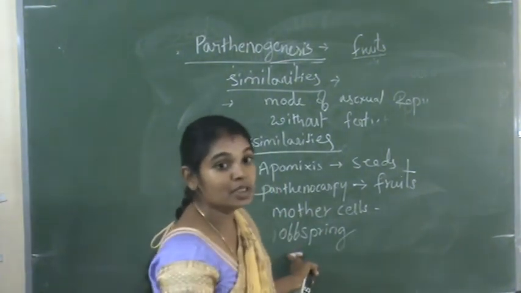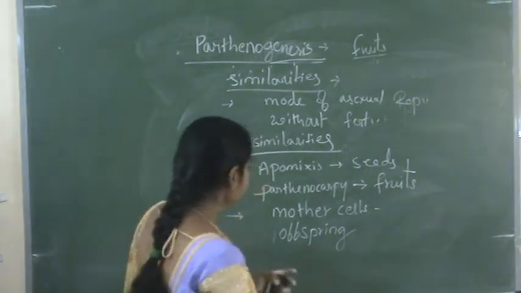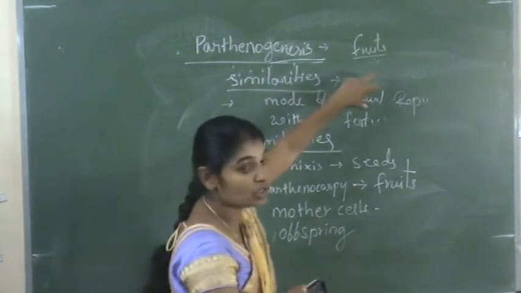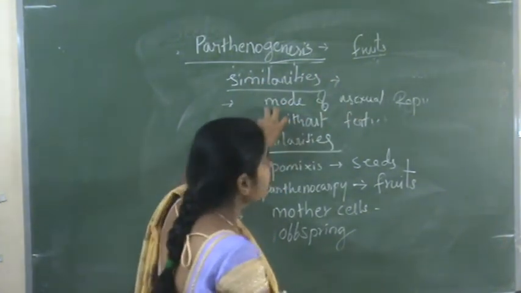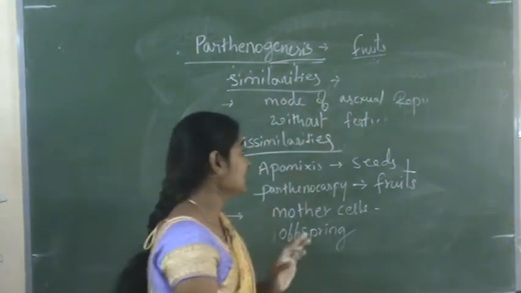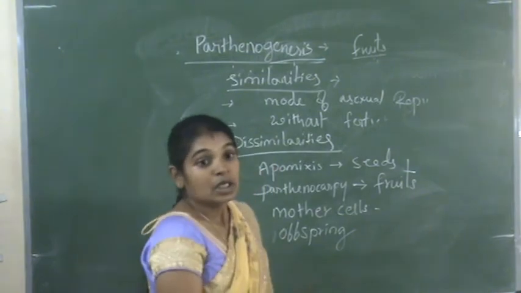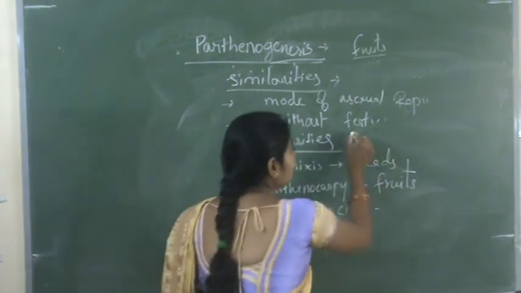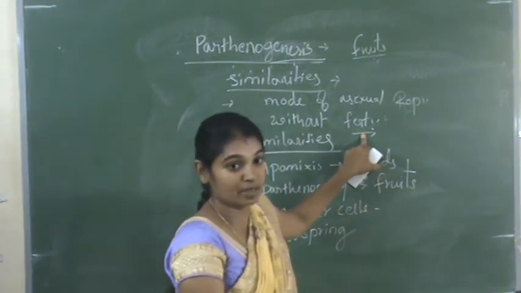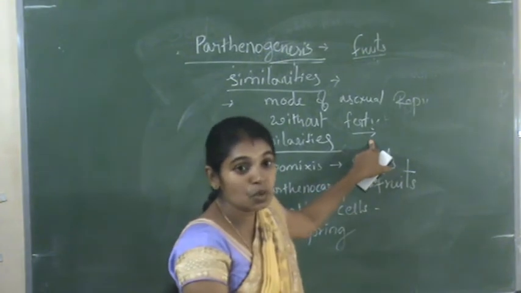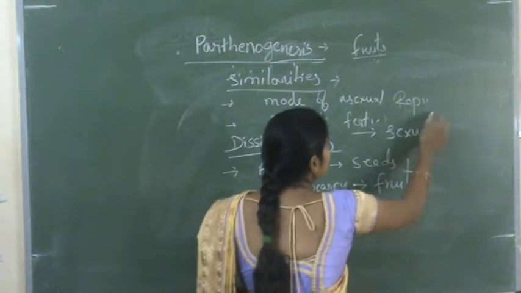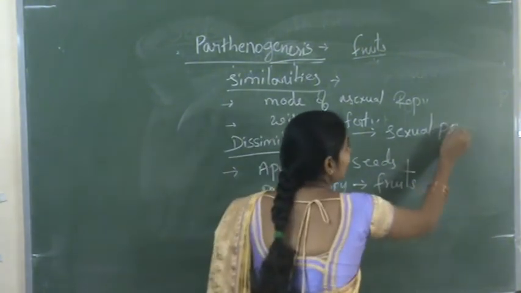So similarity is that both are modes of asexual reproduction and both are without fertilization. And one more similarity is that even though it is asexual reproduction, both use the sexual parts of a flower.